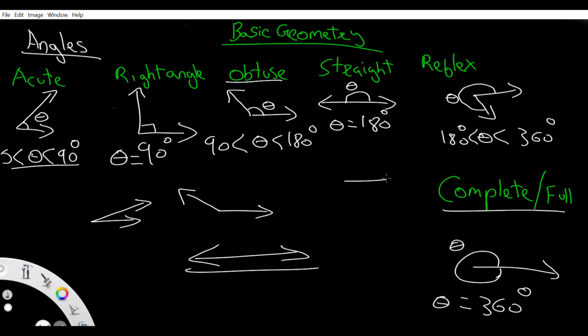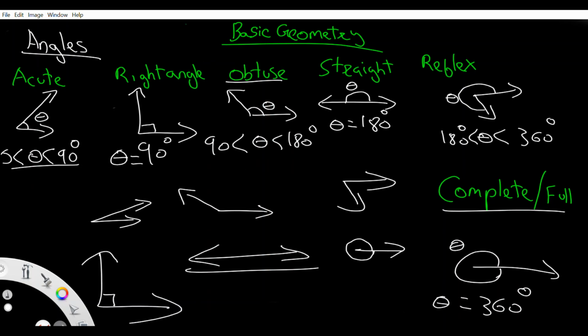And if it was more than that, we know it's a reflex angle. And if we see something like this with a whole circle on it, this is a complete angle with an angle measurement of 360 degrees. And if we see something like this with just a box in it, we instantly know that this is a right angle.